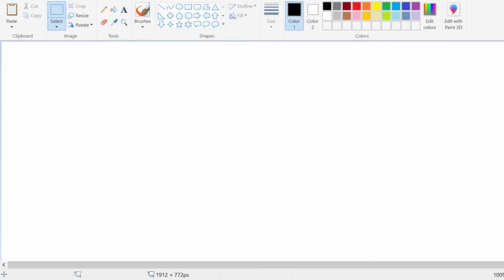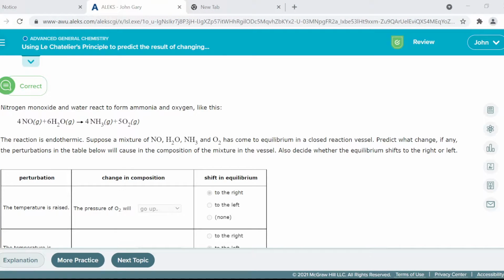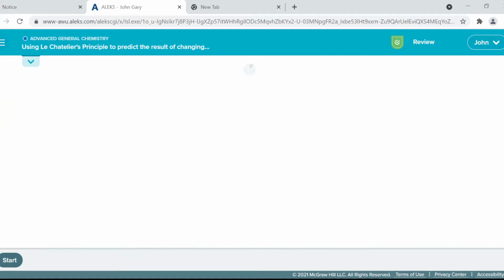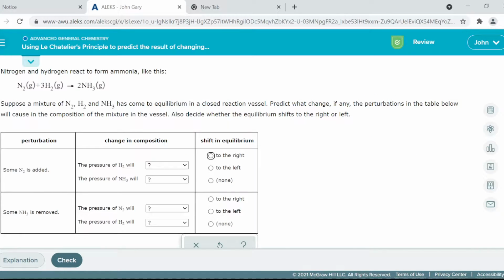Now let's look at our next problem. Next topic. Okay, this is the same type of problem, except for now we're adding in reactants or products, and we're going to see how that affects the balance of equilibrium.